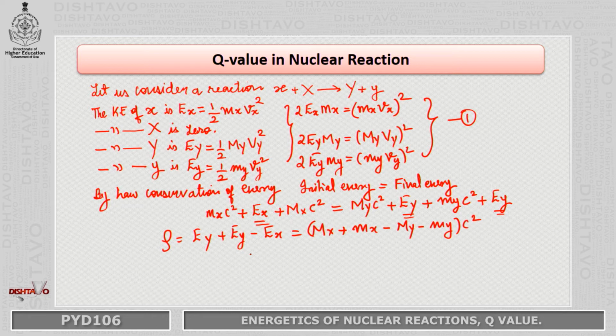So from this what we obtained is the Q value of a reaction can also be represented as the difference in the rest mass energies of the initial particles and the final particles, that is mx plus my, sorry, minus my c square.